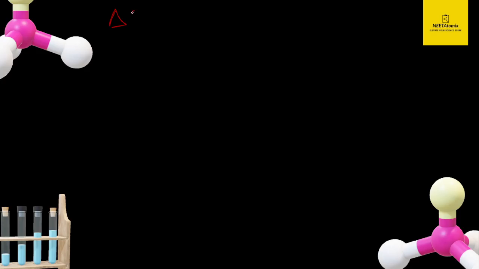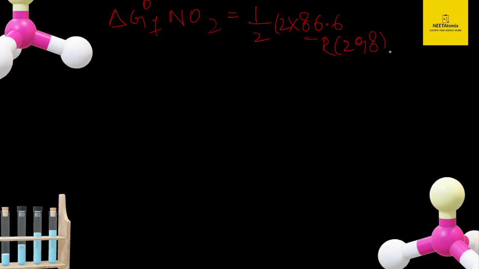So if we bring the 2 which is in the left hand side to the right hand side, then it will become 1 by 2 into 2 into 86.6 minus R 298 log 1.6 into 10 power 12 to the base e.